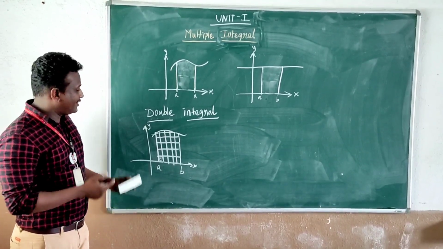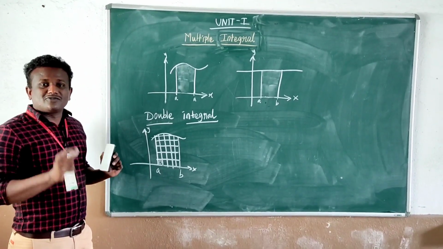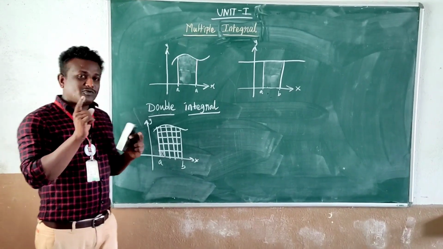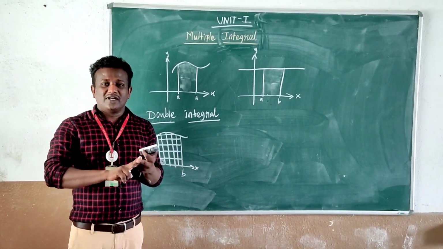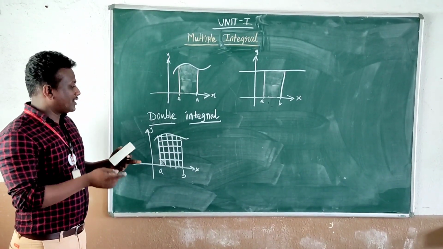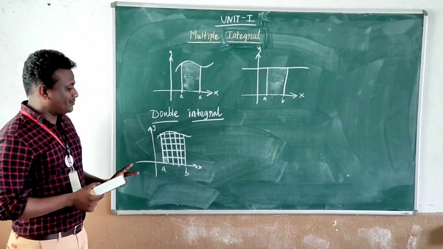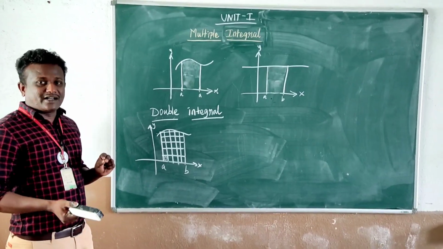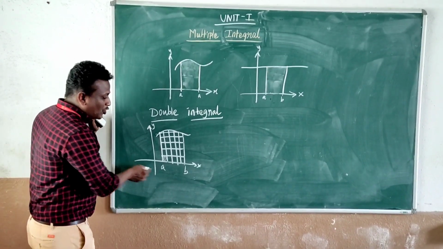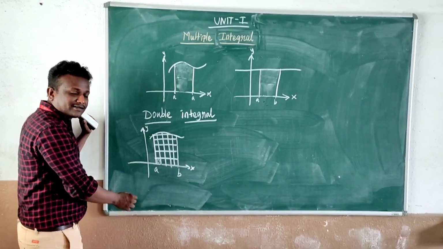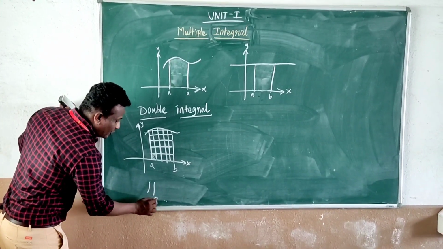So remember, both single integral and double integral we can use only for finding the area of an irregular region. But when you apply double integral, we are following both directions, towards the x and y axes. So it is denoted by the double integral.